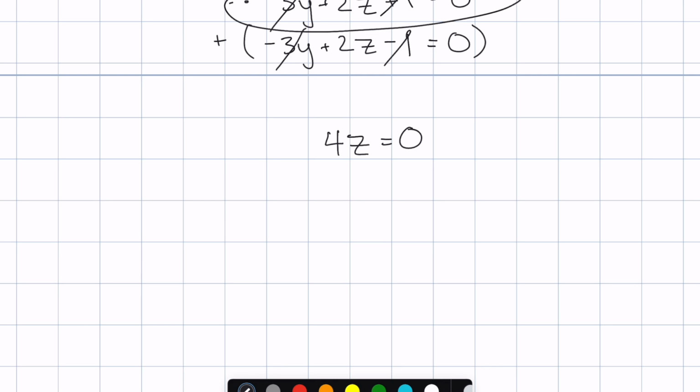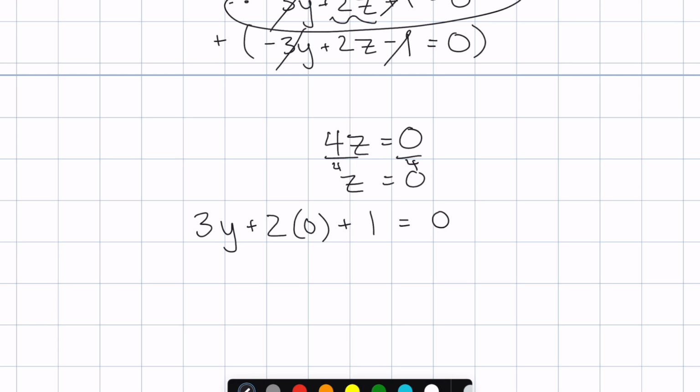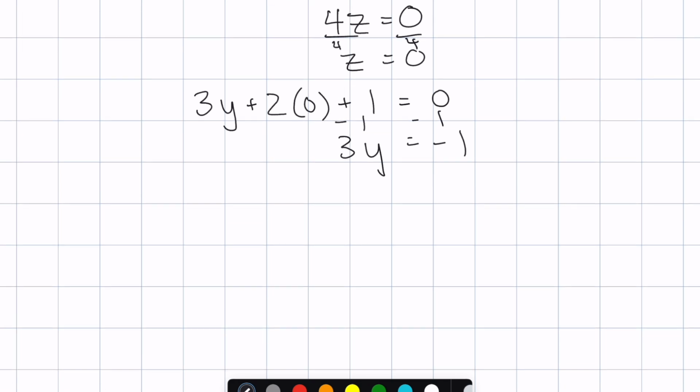I'll use the top one. I can solve z equals 0, obviously, if I divide by 4. I'm going to plug in a 0 for the z right here, and then plus 1 equals 0. I get 3y equals, if I subtract 1, negative 1, and then divide by 3, I'm going to get y equals negative 1/3.